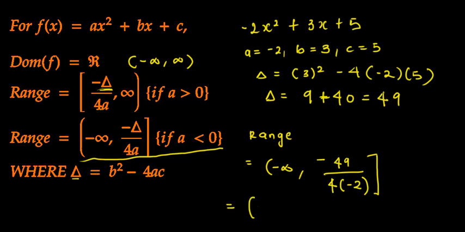Simplifying, you get minus infinity till 49 over 8, because the minus here will cancel the minus here, so you just have the plus. So you can see that this actually works for finding the range of any quadratic function.